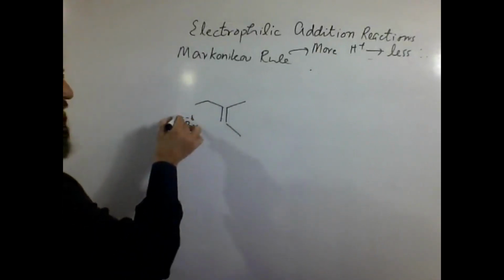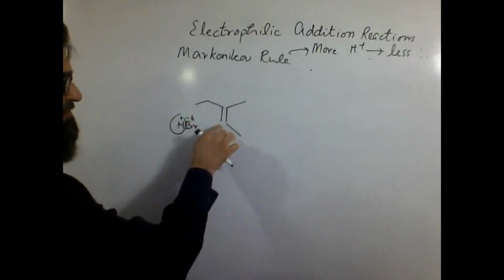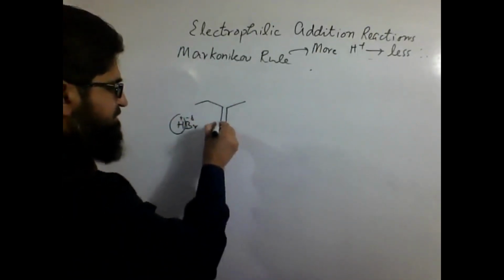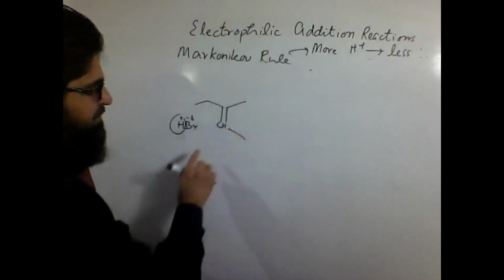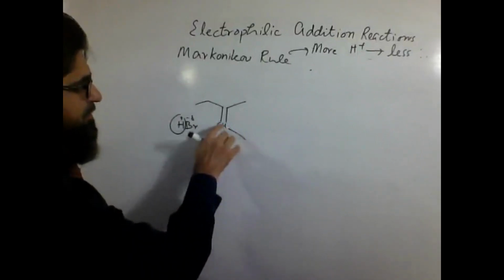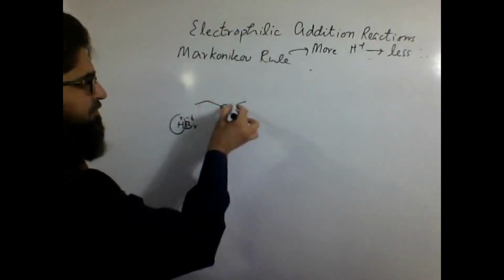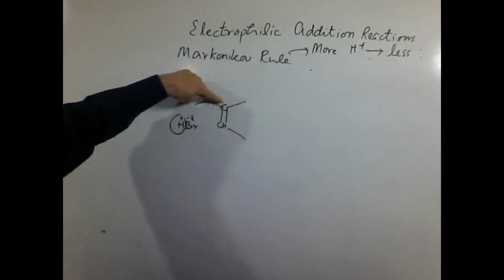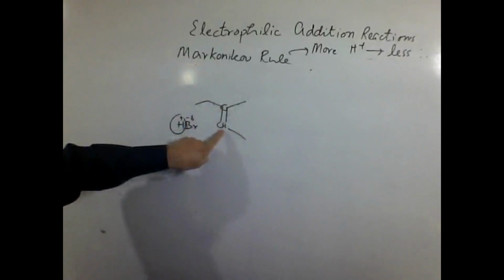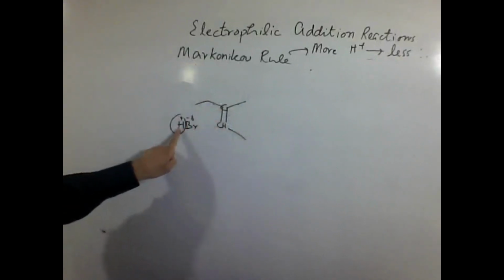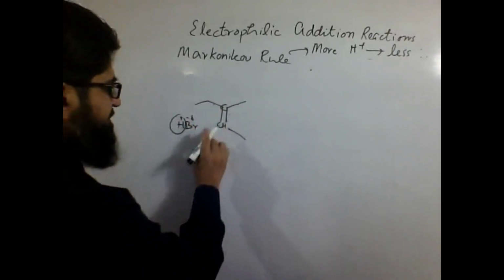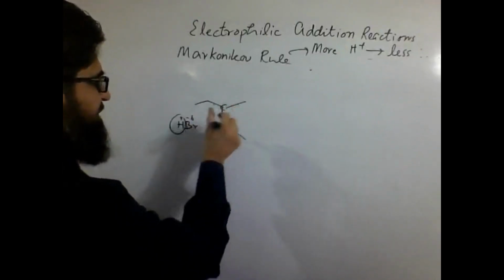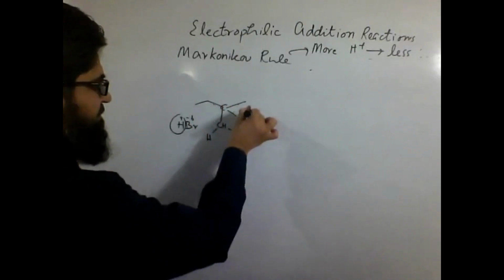So this proton will go on the carbon which carries more number of protons. Over here we can see it carries single proton. Over here this carbon carries 1, 2, 3, 4 bonds, so it has no proton with it. It carries protons, so positive part will come to it. So it will become CH and then we have CH. And the Br will be on the other side. So this will be the product.